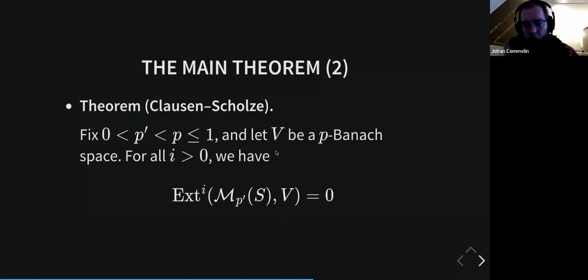You only, in this case, need to check it for these p-Banach spaces that we just defined. Okay, so we need to check that all higher Ext groups vanish between these spaces of p' Radon measures and p-Banach spaces.